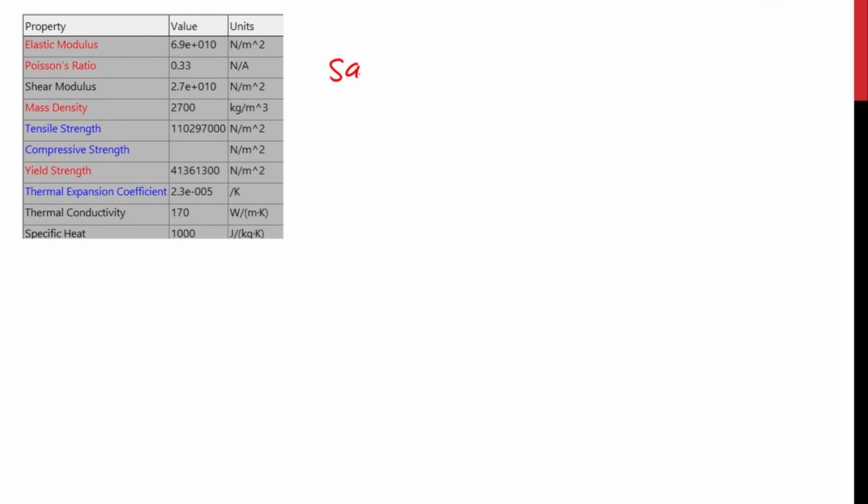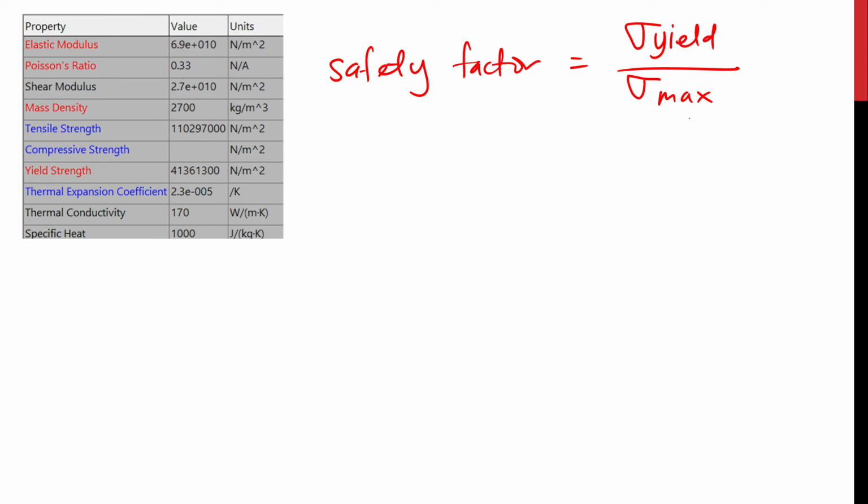So safety factor is equivalent to sigma yield divided by sigma stress, the maximum stress applied, the maximum stress that you get. So you got 1.3 here. Sigma yield is 41.3.